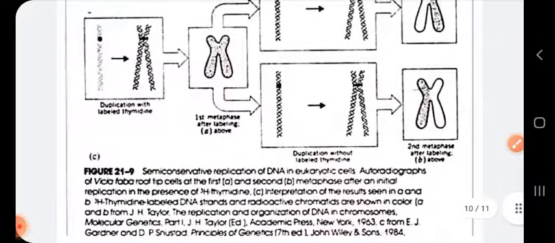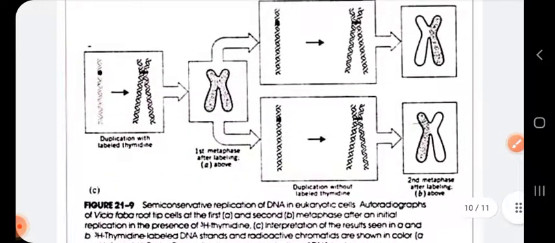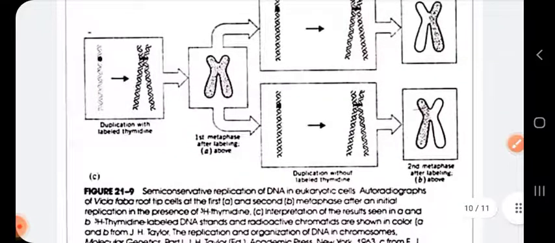And thus you can see in the autoradiographic plate, in the second cycle of duplication in the unlabeled medium, in each chromosome one of the two chromatids was found to be labeled and the other chromatid is unlabeled. So this proves that a semi-conservative mode of replication is occurring.